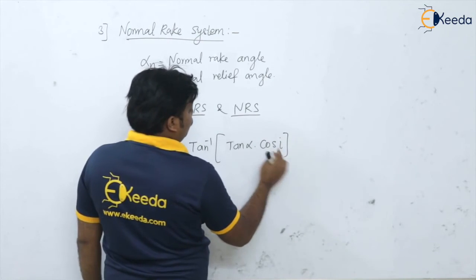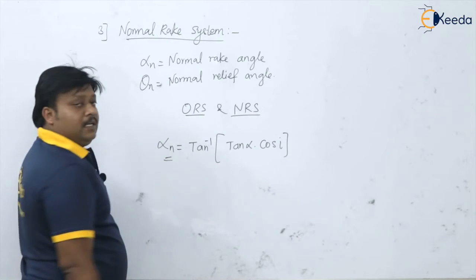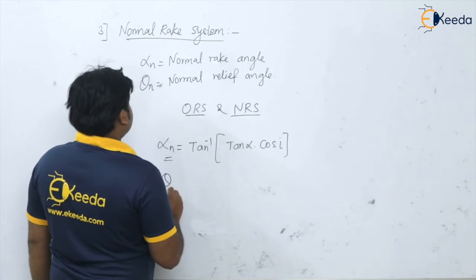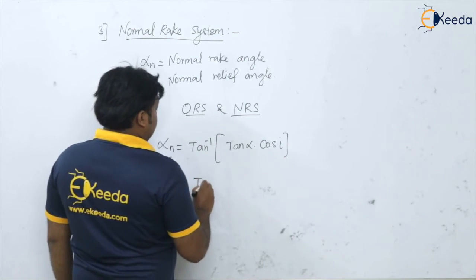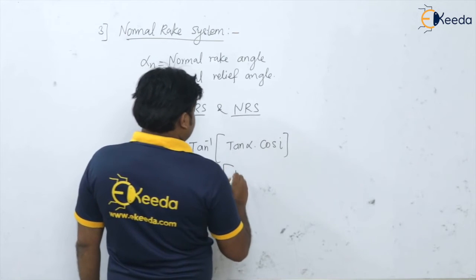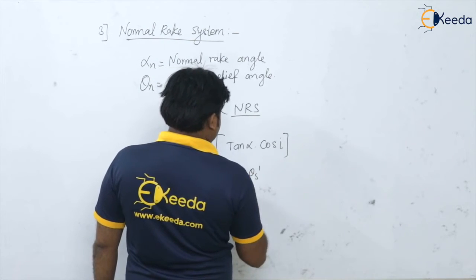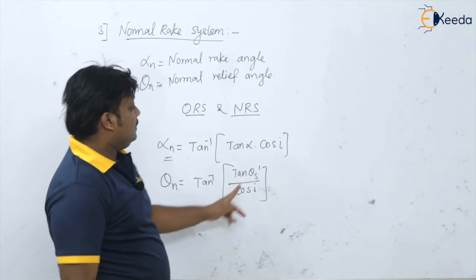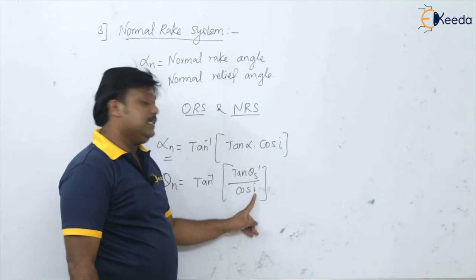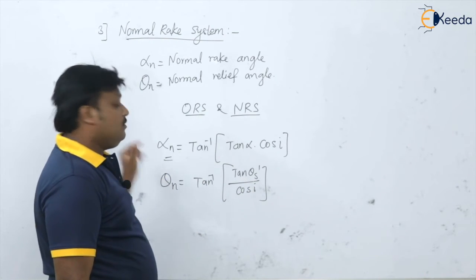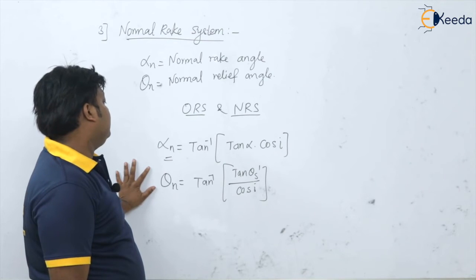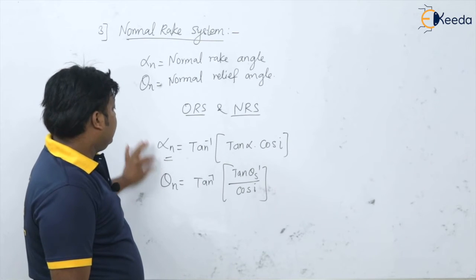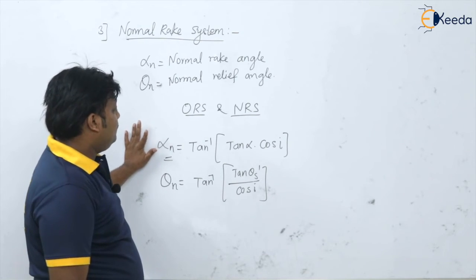If you have these two from the ORS, you will get alpha n in the NRS, and theta n is equal to tan inverse of tan of theta s dash divided by cos I. So with the side relief angle in the ORS and the inclination angle, you can find the normal relief angle theta n. This is the normal relief angle theta n, and this is the normal rake angle alpha n.